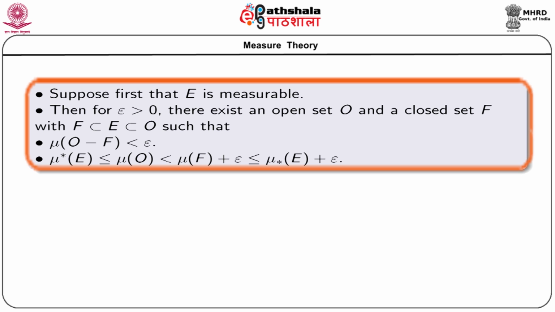This is again less or equal to mu lower star E plus epsilon. The logic is that mu lower star E is the supremum of all those numbers mu F, where F are closed sets contained in E.